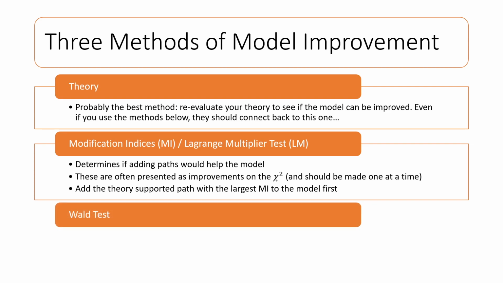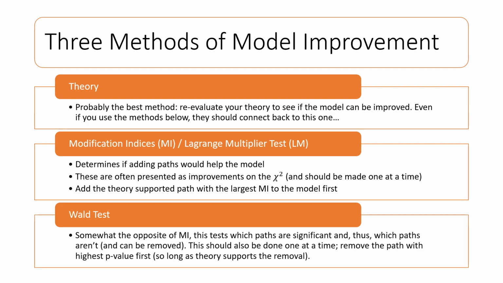Kind of in the opposite direction, we have a Wald test, which really looks at what paths are currently in the model that could maybe be removed. Again, we can look at this for all of the paths that are in the model, but even if a path is very statistically insignificant and can absolutely be taken out statistically, we have to determine if theoretically that removal makes sense.